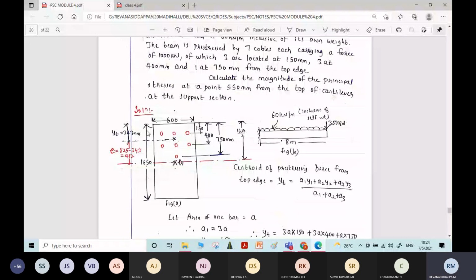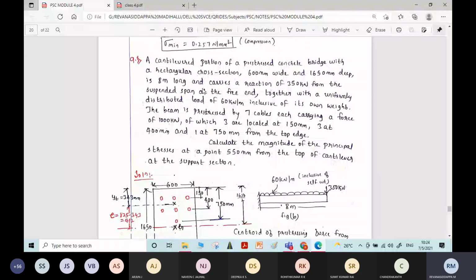Length of the cantilever is 8 meter and carries a reaction of 350 kilonewton from the suspended span at the free end. Okay, there is a force of 350 kilonewton at the free end, together with a uniformly distributed load of 60 kilonewton per meter inclusive of its own weight.